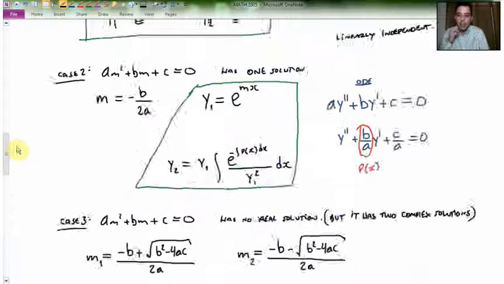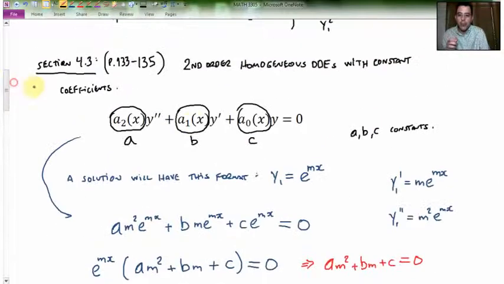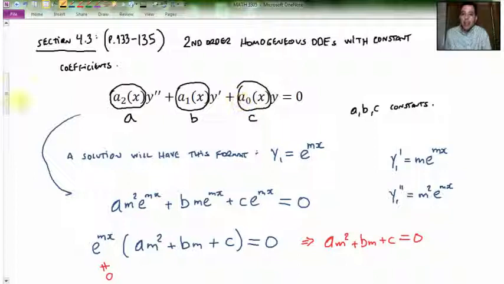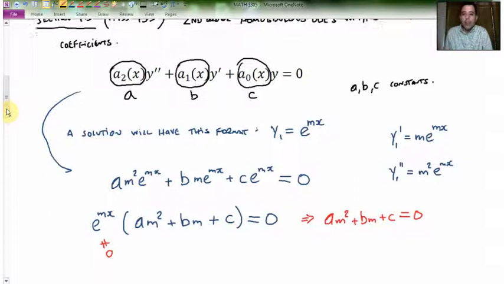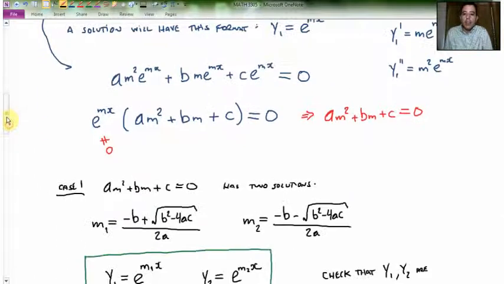Okay, so the idea is they start with this second order homogeneous ODE. It will be constants in front of the y double prime, y prime, and y. So you can call those a, b, c. That's easy to remember because it reminds us of the quadratic formula. And then you solve.